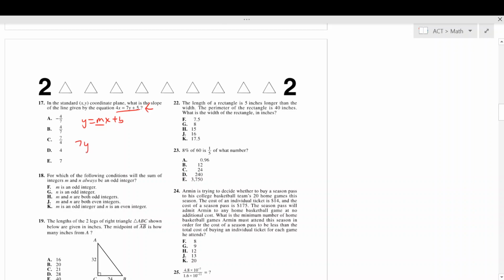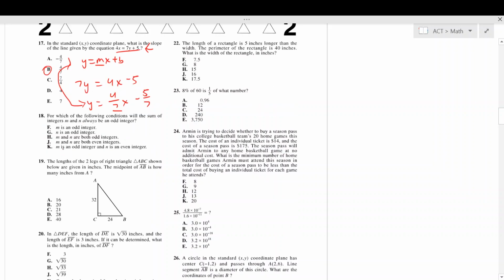So 7y, subtract 5 on both sides, equals 4x minus 5. And then we want to get y by itself, so we divide by 7. So y equals 4 over 7 x minus 5 over 7, just divided by 7 on everything. So now this equation and this equation are pretty much the same thing. They're the same form. So this is our m, that's our slope, and that's our answer, 4/7.